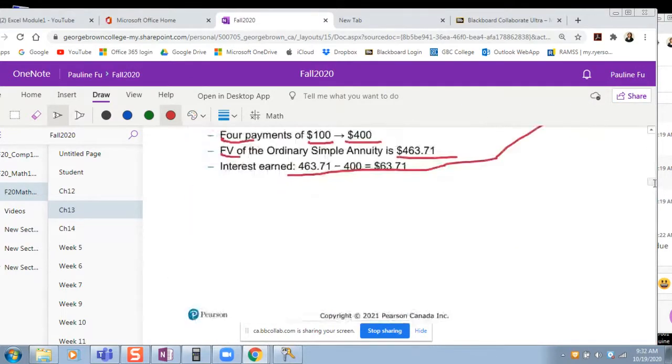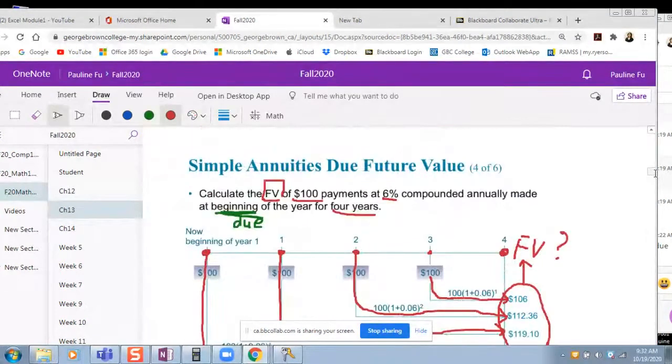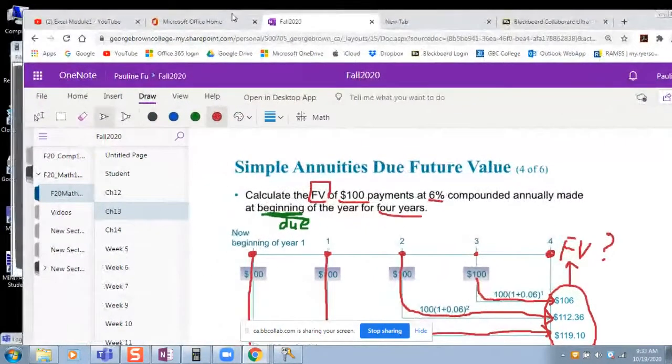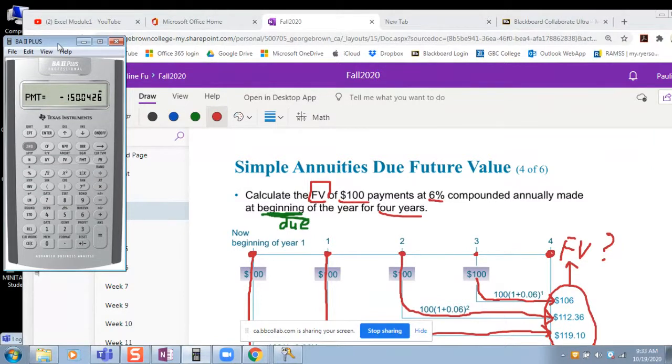And now let's use the calculator to calculate this question. I'll go back to this question. I'll pull out my calculator. Now in Chapter 13, because payment is made at the beginning, you want to make sure your calculator is in begin mode.